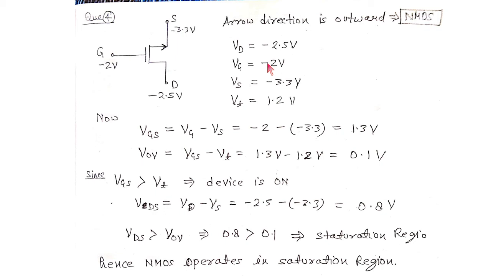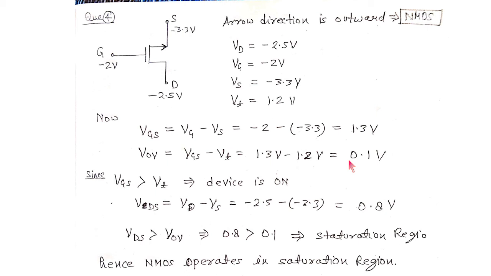Since VGS is greater than VT, 1.3 is greater than 1.2, the device is on. Another way to conclude whether the device is on or off is to just see the VOV. If VOV is positive for this NMOS, the device is on.